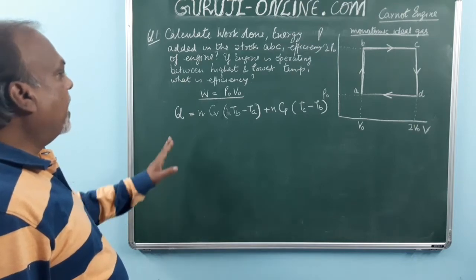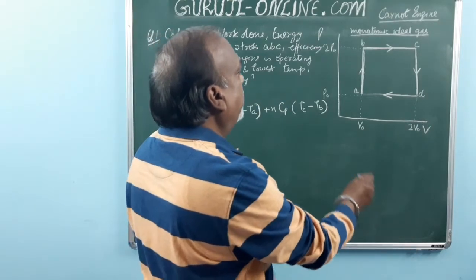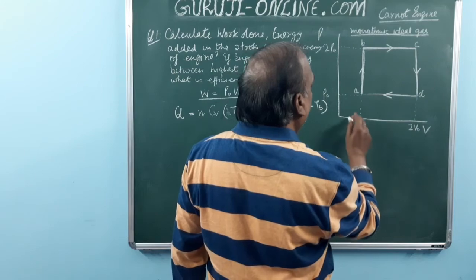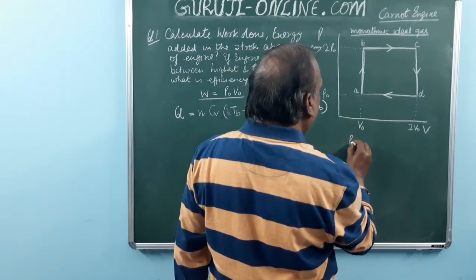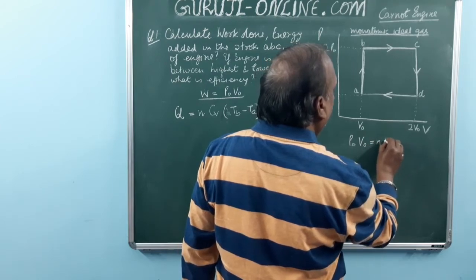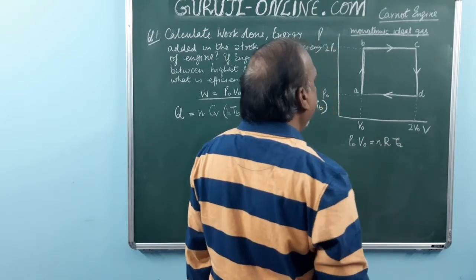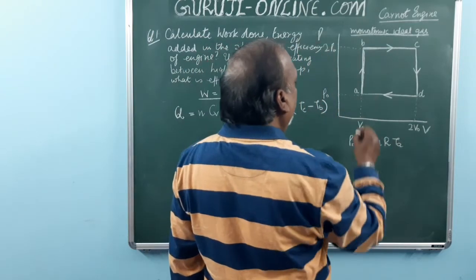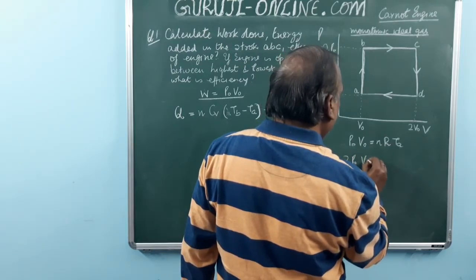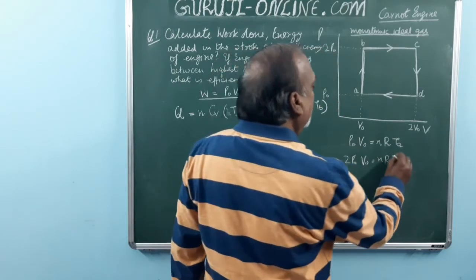Correct? To simplify this, let us write down some equations for A, B, C, D. It is an ideal gas. So for A, it will be P0 V0 is equal to N R TA. For B, it will be 2P0 into V0 is equal to N R TB.